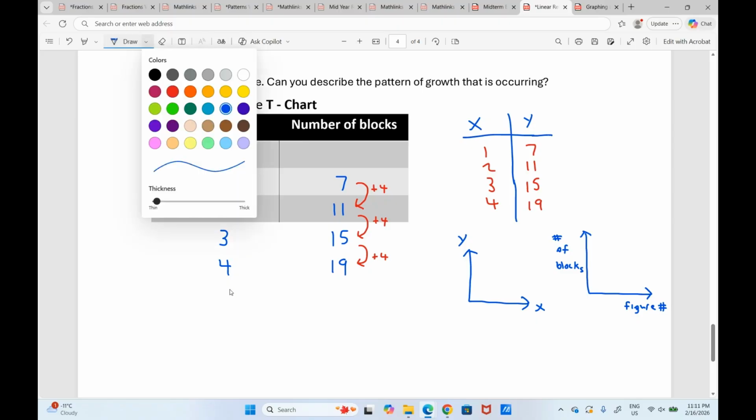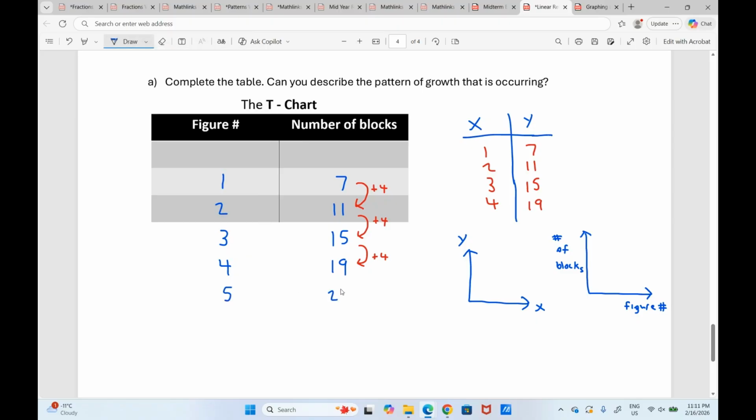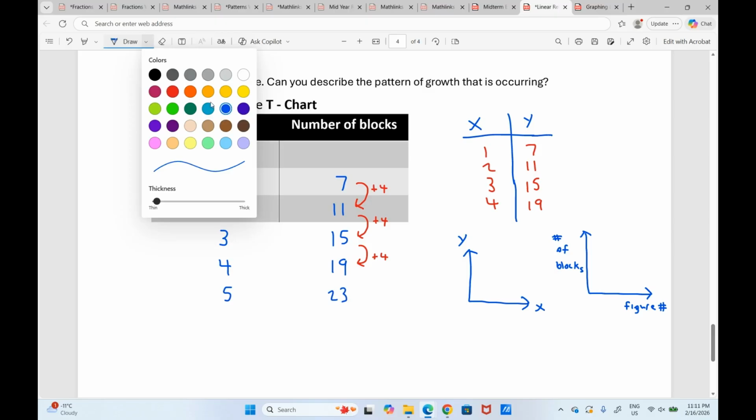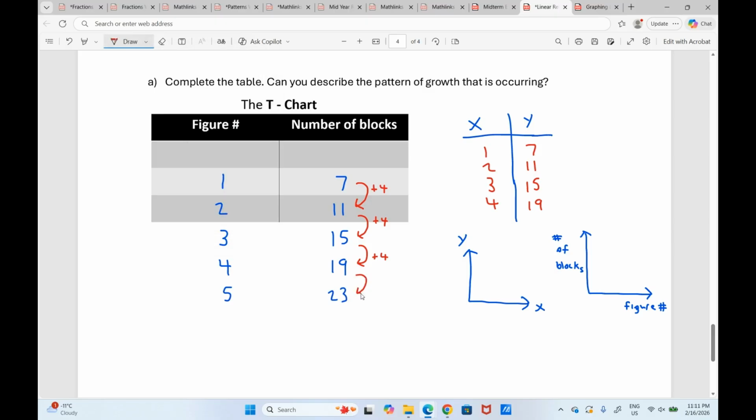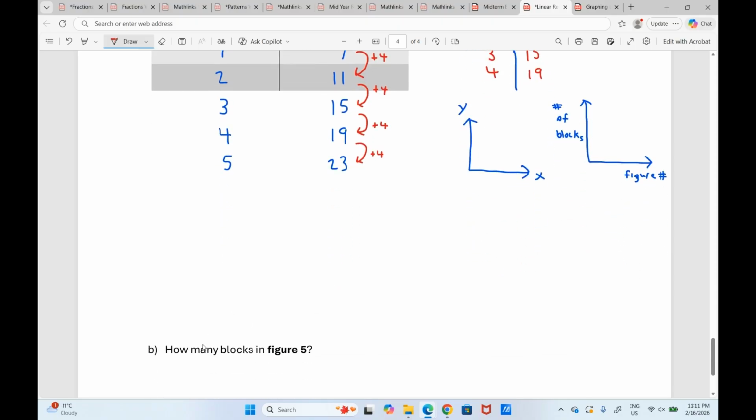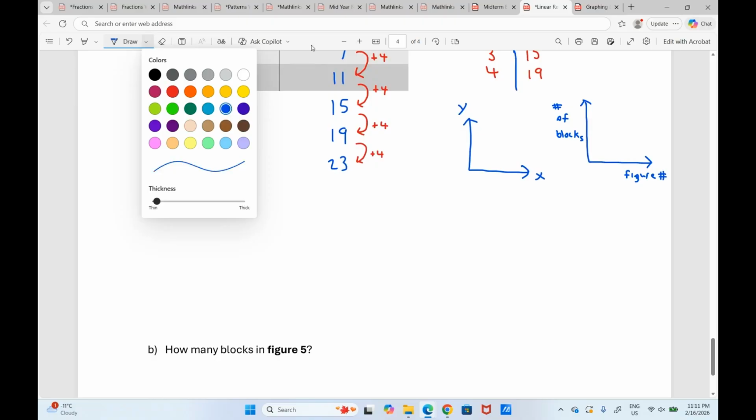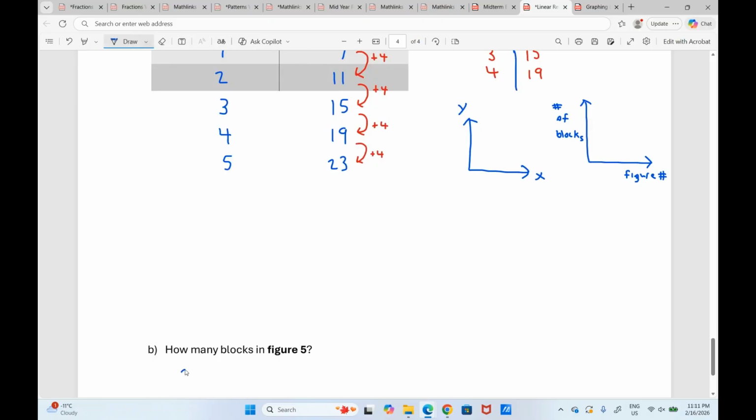So in theory, I already know the answer to the first question they've asked me, right? The answer would be 23 blocks in figure 5.